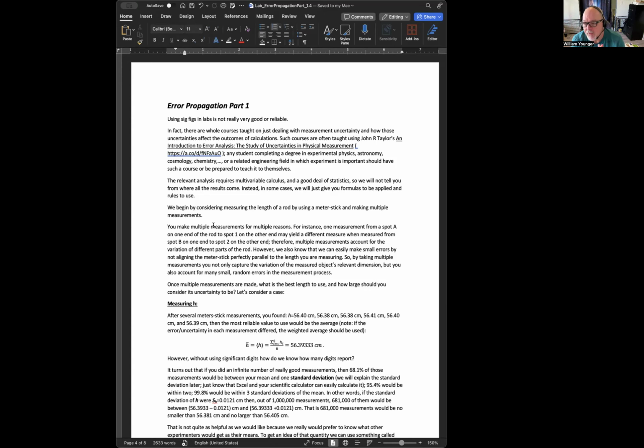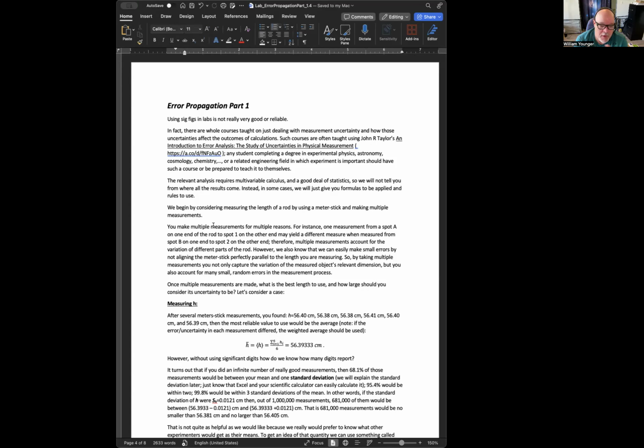So objects with that type of measuring marks on them should have an uncertainty of 0.01 centimeters. Any kind of digital device, you can just assume it's going to have an uncertainty of one in the last digit that it gives you, unless the manual tells you specifically otherwise.